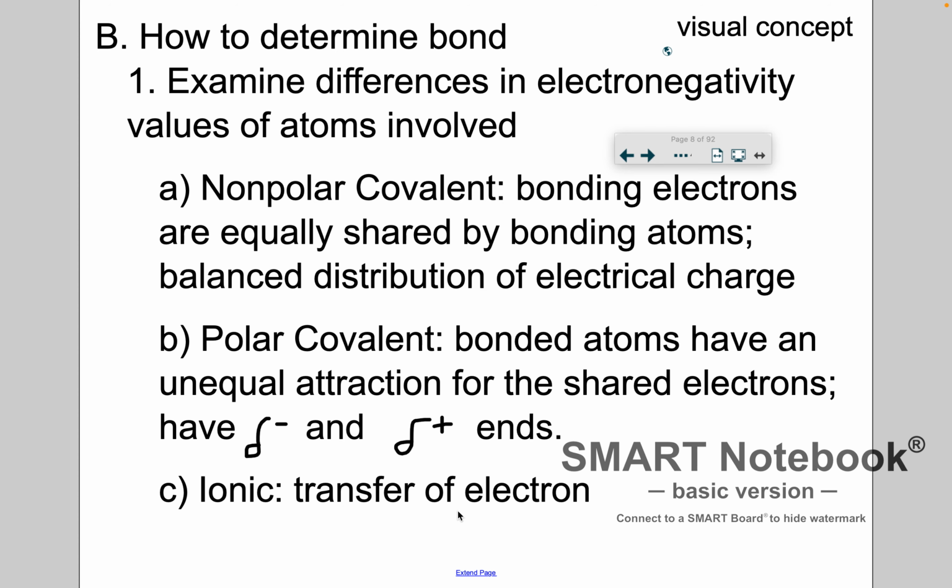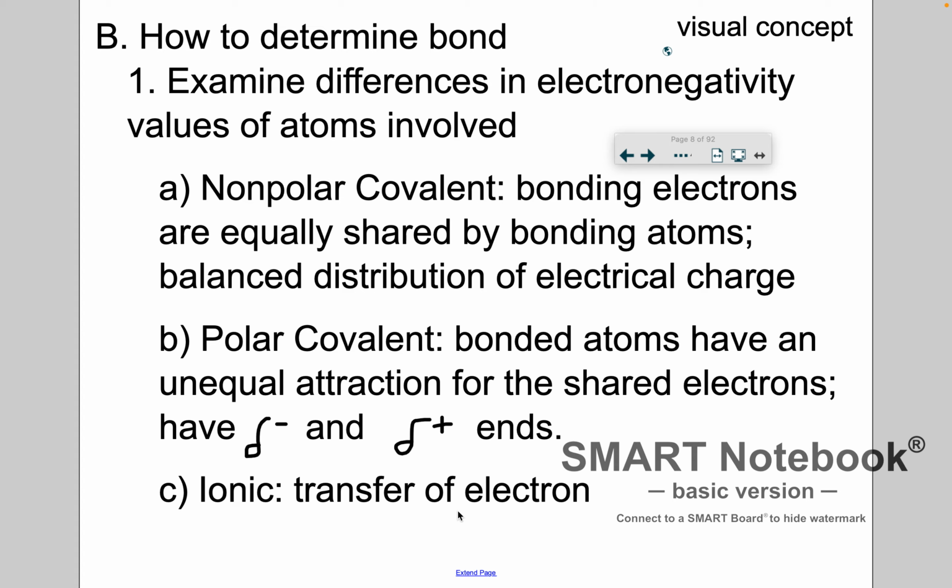Okay. Polar covalent, you are sharing electrons, but you're sharing them unequally. And so the one that's hogging the electron, even though it's somewhat sharing, becomes slightly negative, and the one that's getting ripped off in the deal becomes slightly positive, because charges develop when you don't have an equal number of protons to electrons.